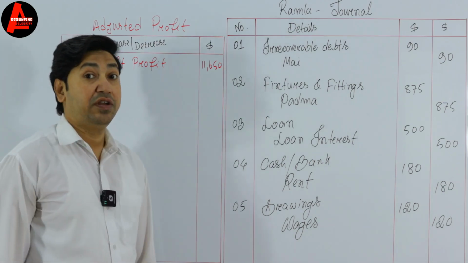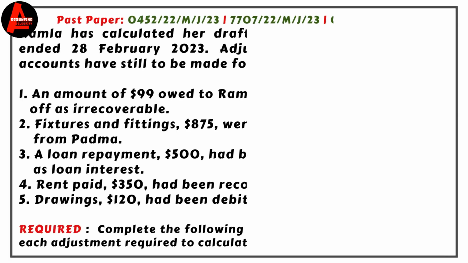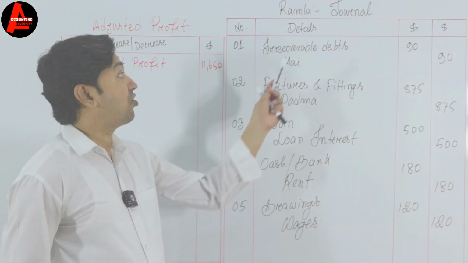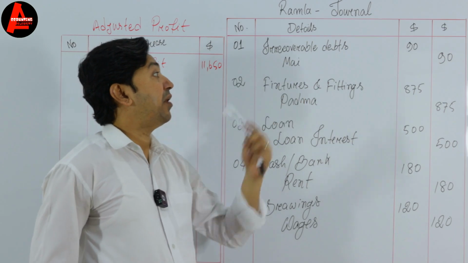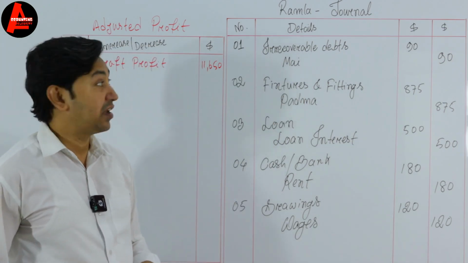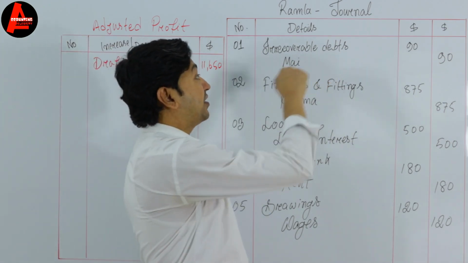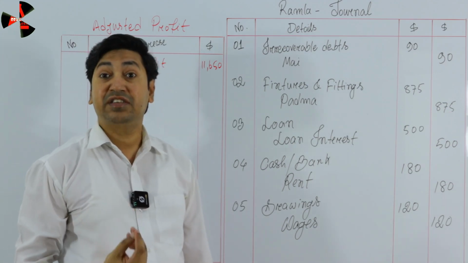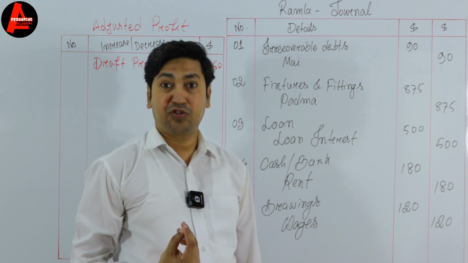Now, the first transaction was an amount of $99 owed to Ramla by Mais to be written off as irrecoverable. For this one we journalized irrecoverable debts to be debited and Mais's account to be credited. Irrecoverable debts is an expense, you know. So it is debited, which means expense increased.